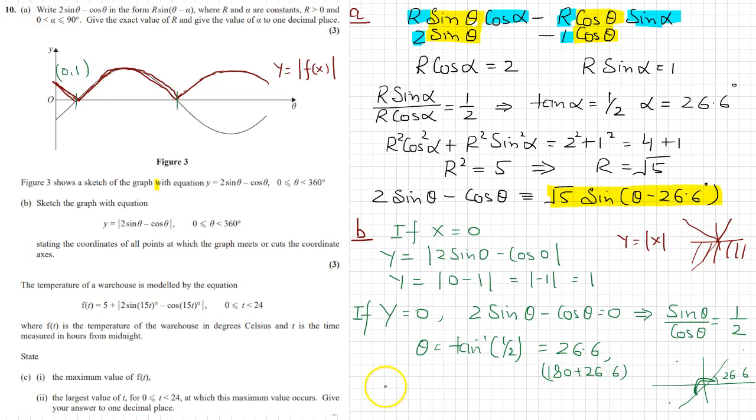So the coordinate will be x is 26.6 and 0, and this coordinate will be 180 plus 26.6, 206.6 and 0. So the coordinate where it's intersecting the graph is this. These are these points, and there's another point, this.